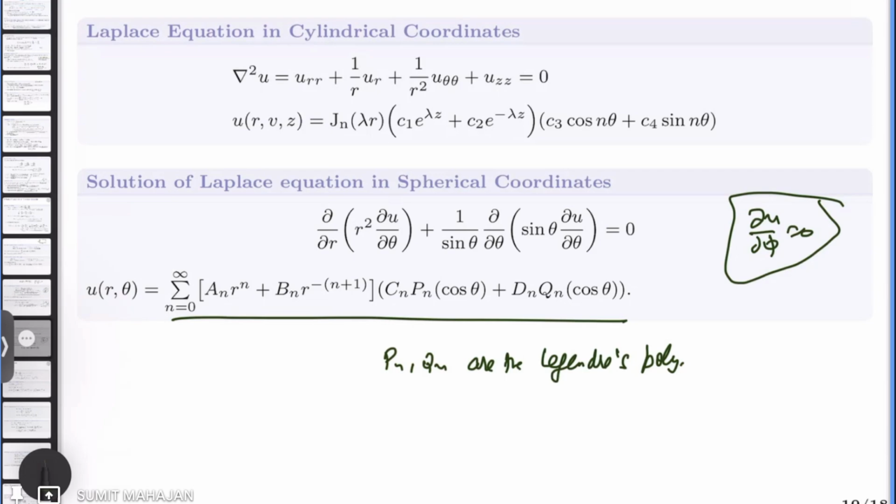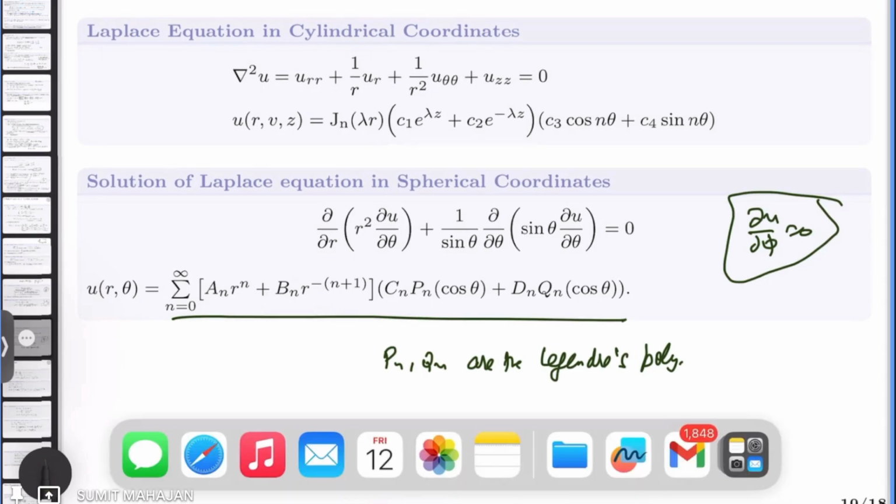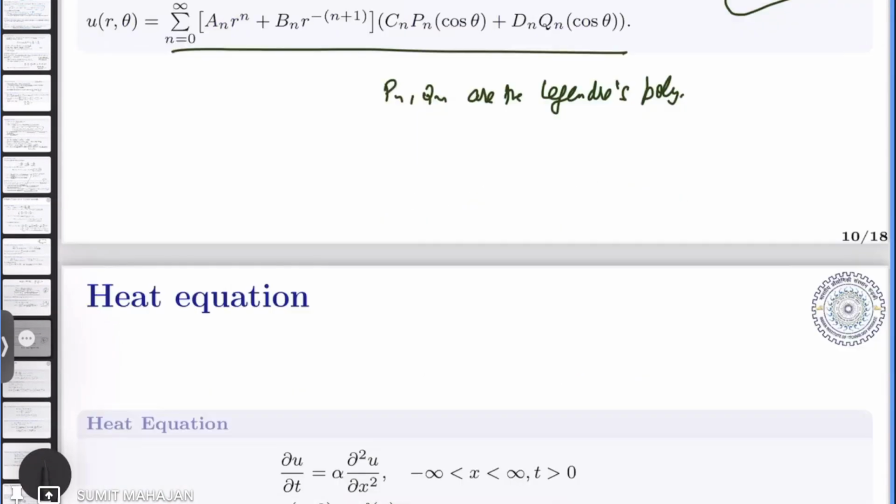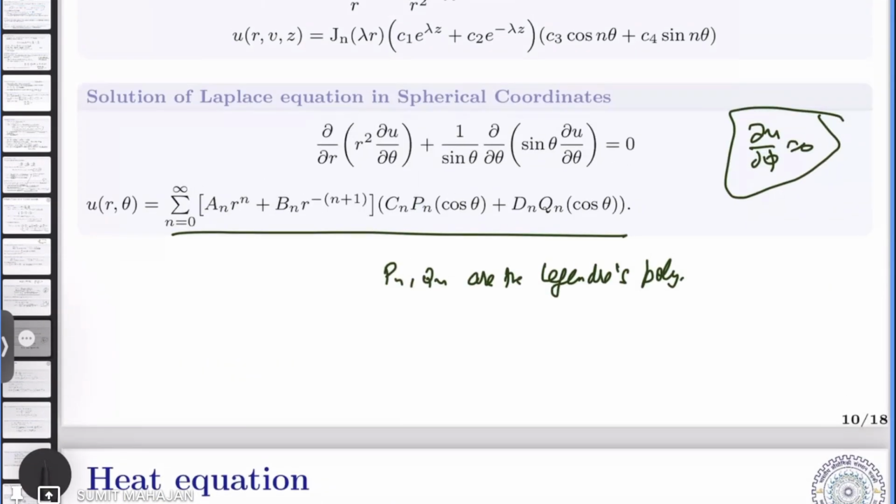We have also given some of the recurrence relations that are useful in that problem. Also the orthogonality property, which is very important for the Legendre as well as Bessel's functions. For Legendre it corresponds to weight 1, and for Bessel's it corresponds to the weight x. So these are the cases of the Laplace equation.